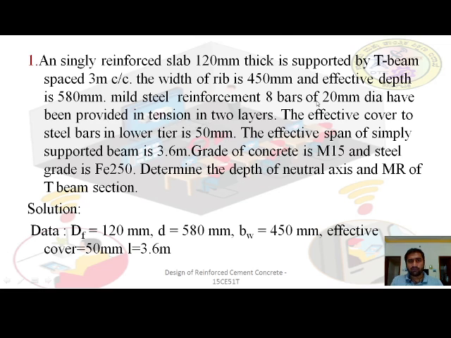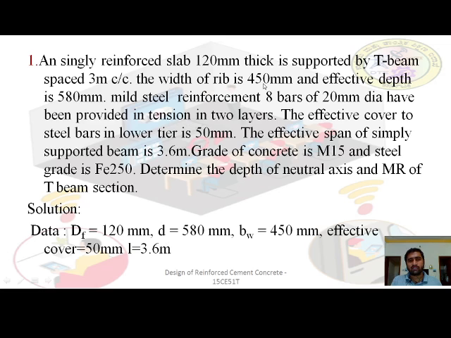We'll read the problem and also write down the data. First, a singly reinforced slab, the depth of the flange DF, is 120 mm. Next, spaced 3 meters center to center means the slab is spaced 3 meters center to center. We don't require this data, that's why we have not written it here.